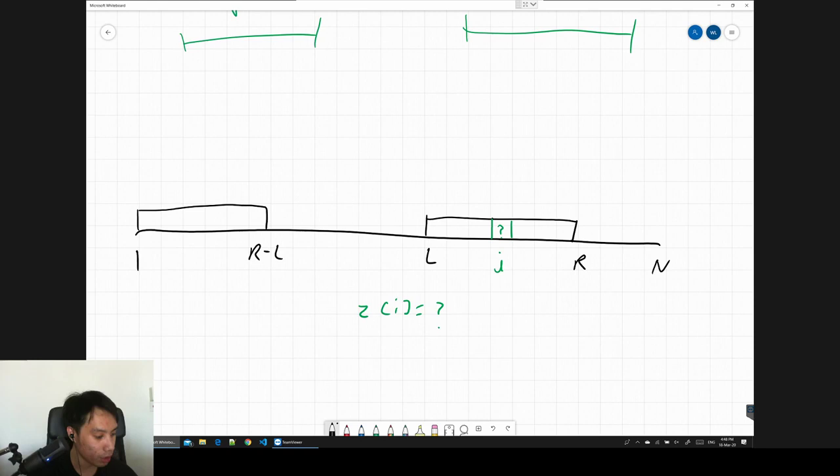Now, I'm going to put another definition. Let me use a different color, for example, blue. I'm going to define here as the remaining.